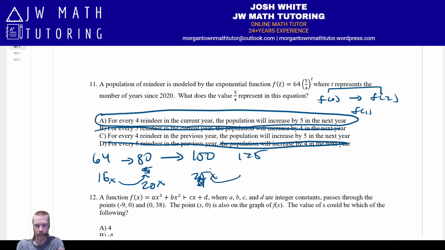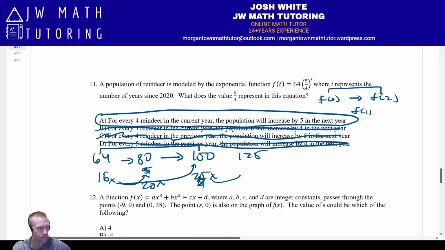So you're comparing these two, and that's not what's happening. It would be comparing here to here. Dividing this by 4 is 16, and then multiplying by 5, you don't get 100 when you do that. So that's basically why C is out, and the wording in that is incorrect.